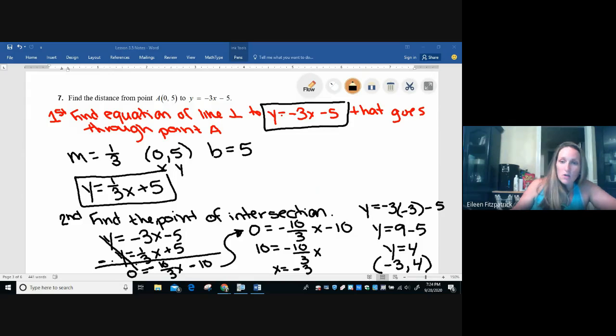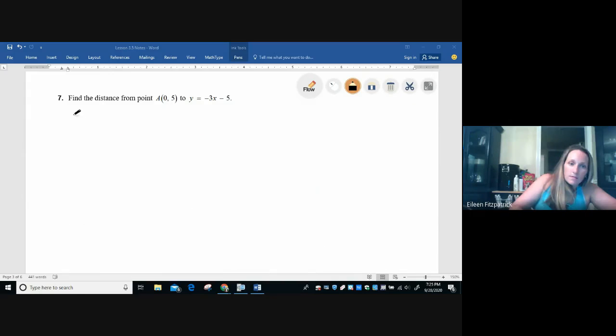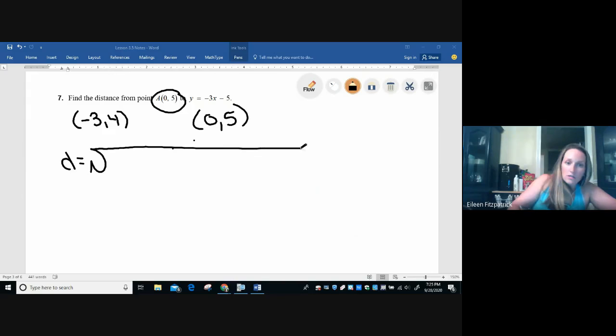Okay? So the last step is to take that (-3, 4), that's where they intersect, and this point A that was given, (0, 5), and calculate the distance. Distance is equal to the square root of the difference of the x's, -3 minus 0 squared, plus the difference of the y's, 4 minus 5 squared.